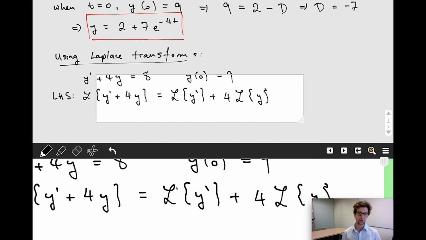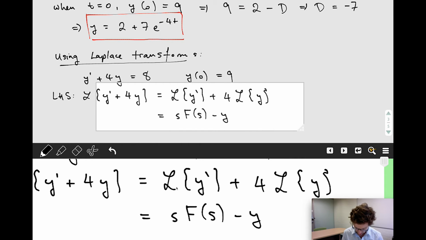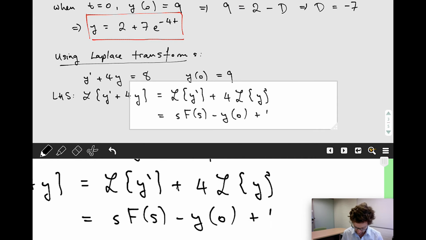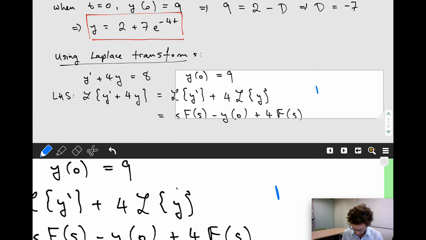Now we need to use the result that we proved in example 1, that the Laplace transform of a derivative becomes a multiplication by s of F of s minus y at 0, plus 4 times the Laplace transform of y, which we're calling F of s. So again here I'm just using that big F of s is the Laplace transform of y.